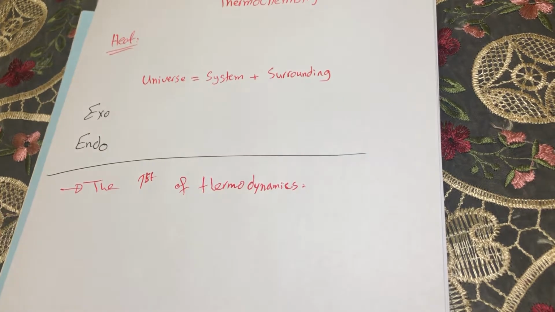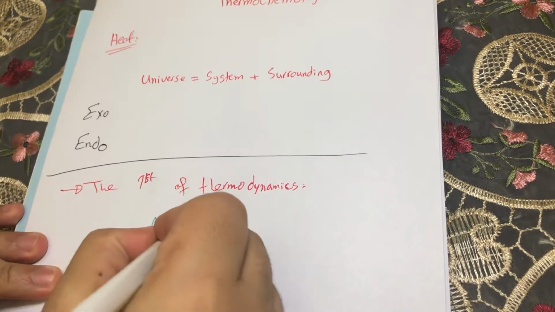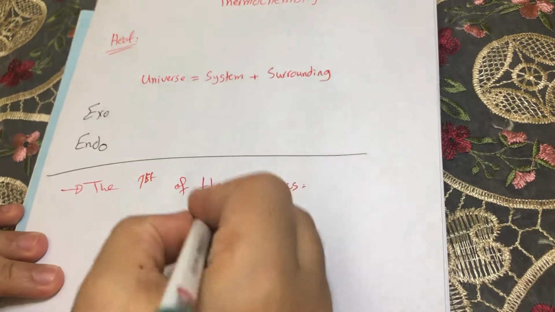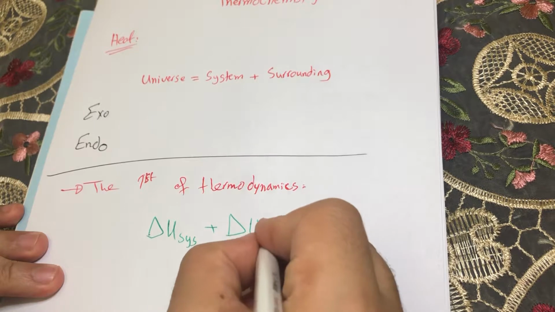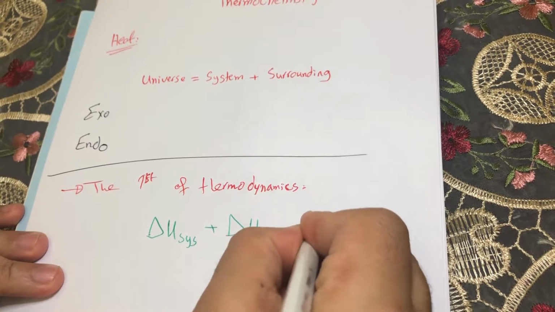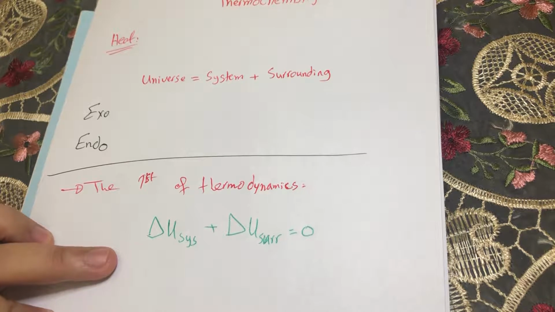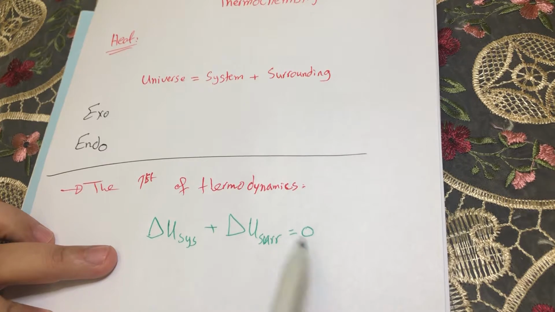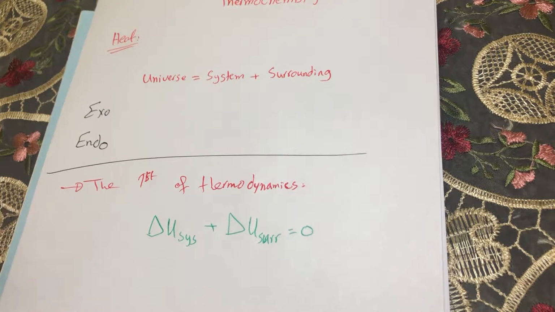So we said delta U for system plus delta U for surrounding equals 0. And the delta U here represents the change in internal energy. So the total change in internal energy from system and surrounding should be 0. And this is based on the conservation of energy.